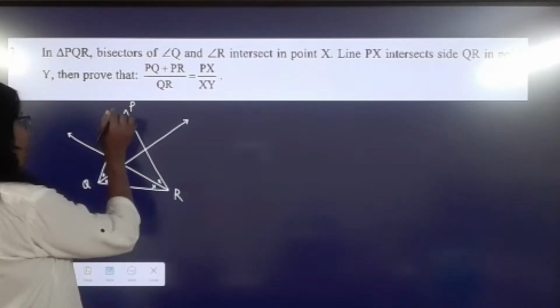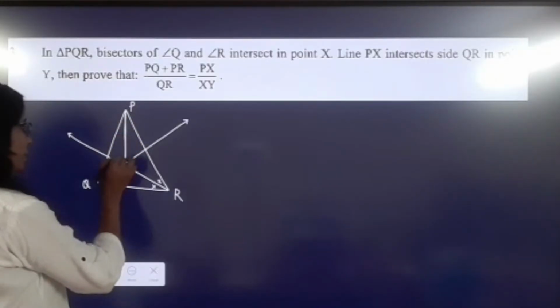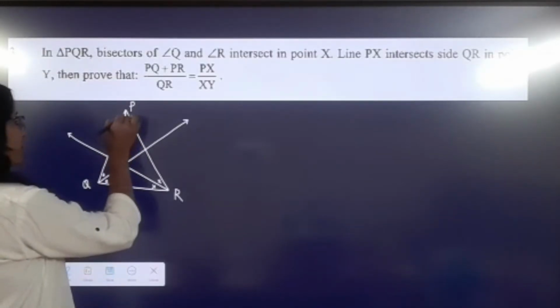So first I draw here. See this one line, students.